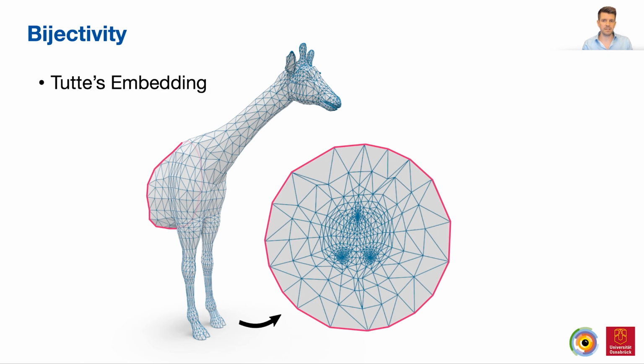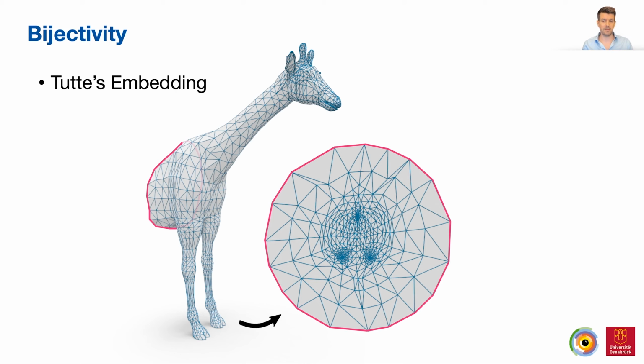The result is guaranteed to define a piecewise linear map from the surface to the plane that is injective, or that is bijective, onto the chosen convex polygon. Problem solved? Well, we have two major restrictions here: surface to plane setting only and convex domains only.